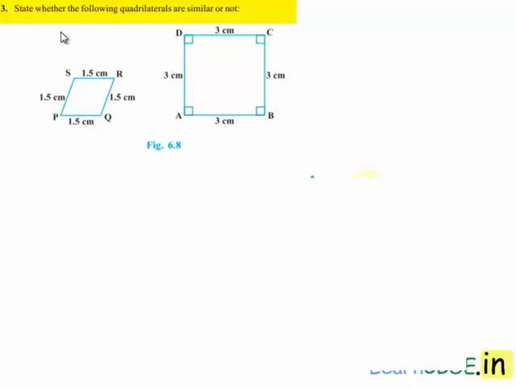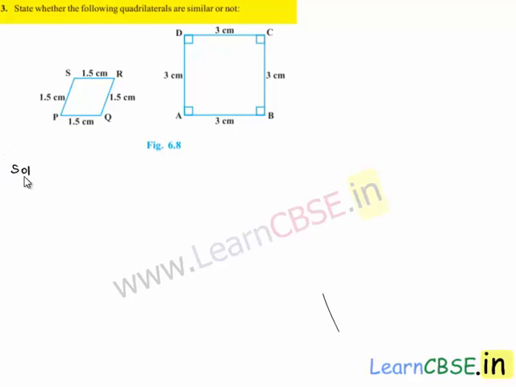Moving on to the third question: state whether the following quadrilaterals are similar or not. Now moving on to the solution. Here, the two quadrilaterals given have sides in proportion, but if we observe, one is a square with angle 90 degrees and the other angle is not mentioned.